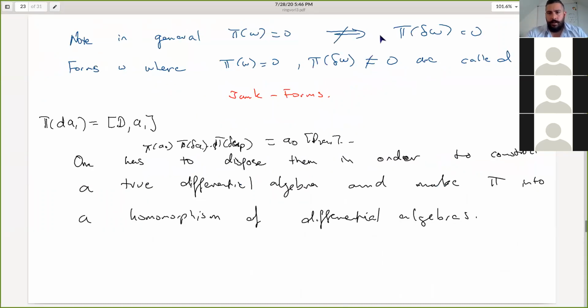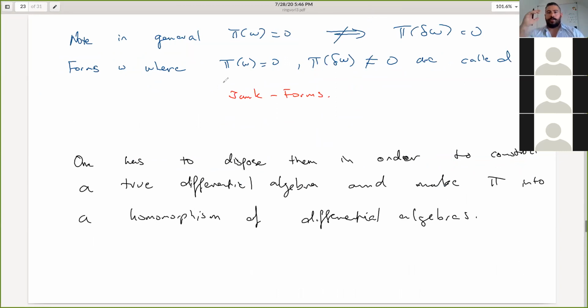I don't want to go too much into this, but in general, pi of omega equal to 0 does not imply that pi of delta of omega is equal to 0. These are the so-called junk forms. Those forms you have to factor out when you define the universal differential algebra.